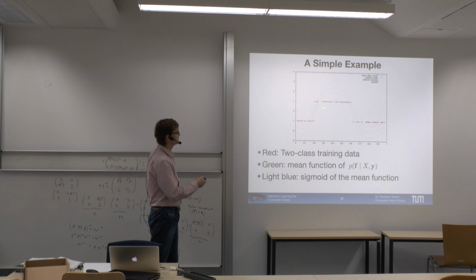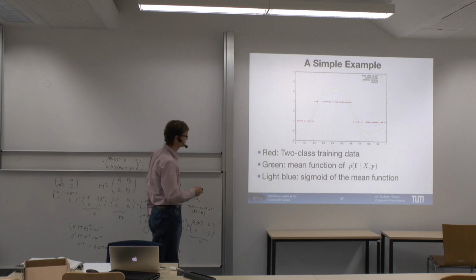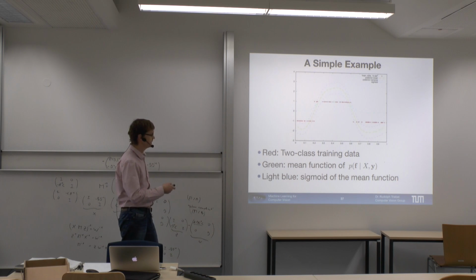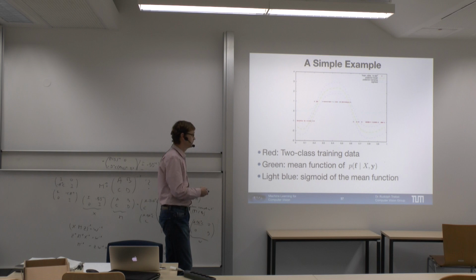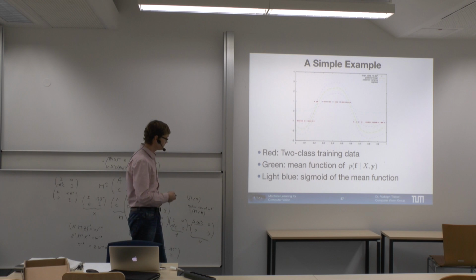The red data points, I sampled that. This is a two-class training data set, right? We have -1s and +1s here. And now if we fit a Gaussian process into that, then we find a mean function, which is the green one.